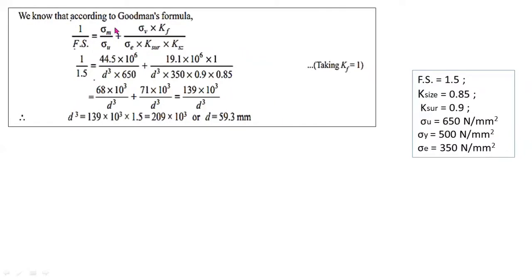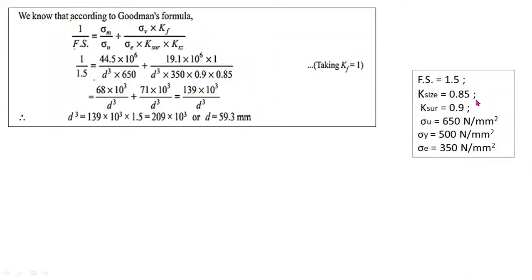Here the value of Kt is not given, that means Kt equal to 1, and Kf is also not given, so Kf equal to 1. But surface finish factor equal to 0.9 and size factor equal to 0.85 are given. Sigma u, ultimate stress, equal to 650, yield stress equal to 500, endurance limit equal to 350.